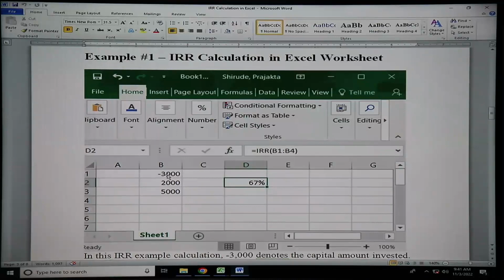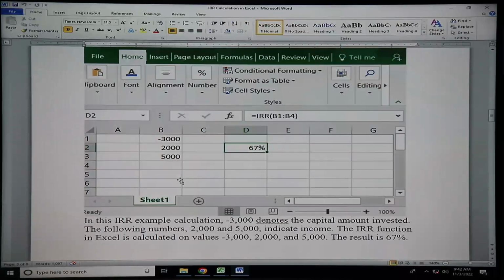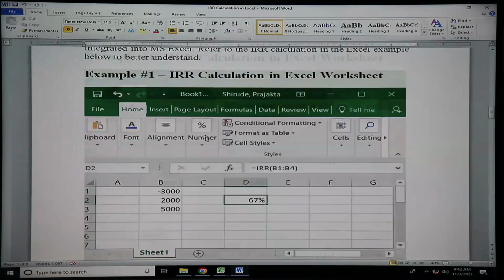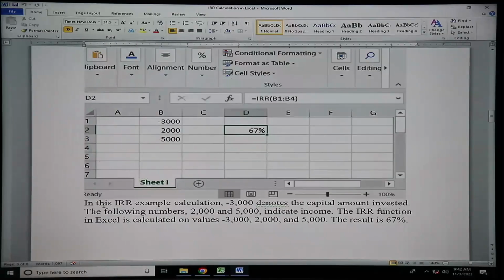So you select a series of values up to the value that you want. If you want the third value, you have to select up to the third value, and you get that amount. If you run this example here, the internal rate of return example calculates: minus 3,000 denotes the capital amount invested.